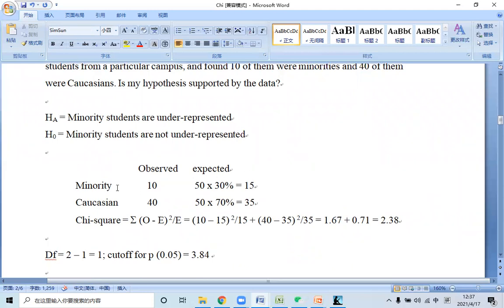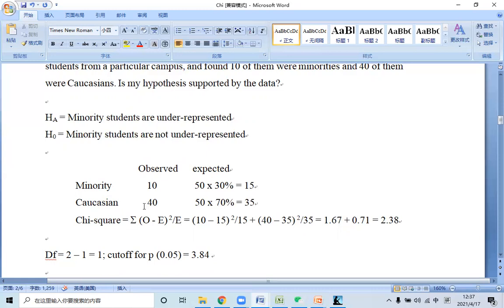Lay out the data. So you have minority students versus Caucasian students. This is what you observe. Out of 50 people, you have 10 people who are non-white, minorities.